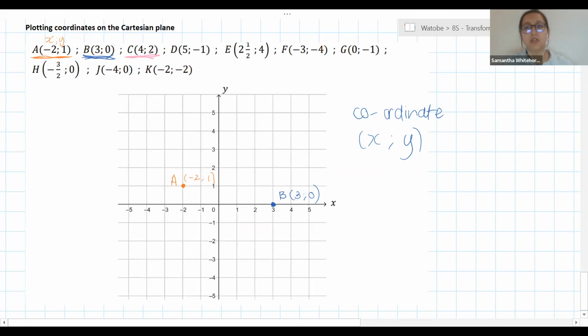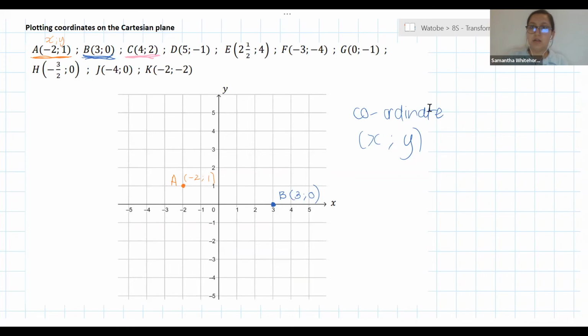Think about your X and your Y. I'm going to plot it, and then I want you to check and see if you agree with where I have plotted C. Have a think about where C should go.